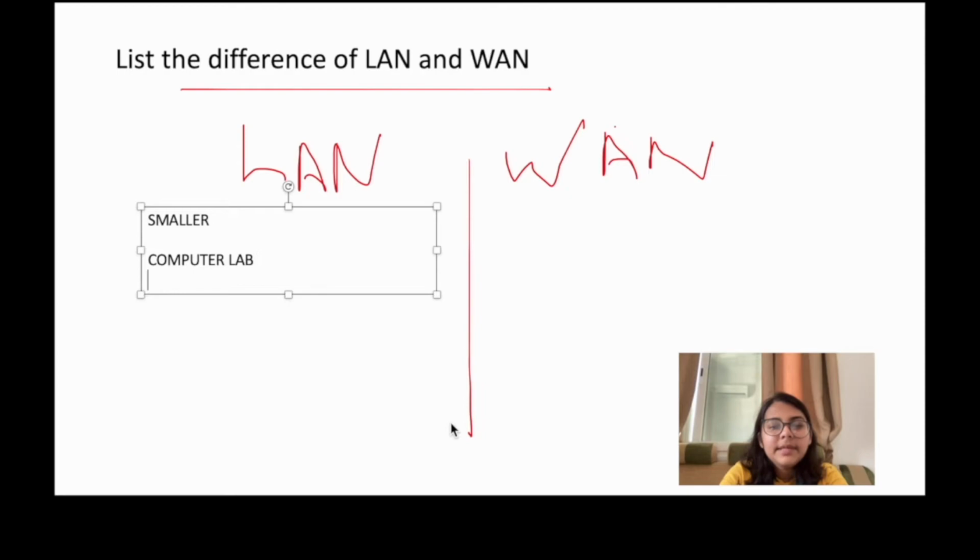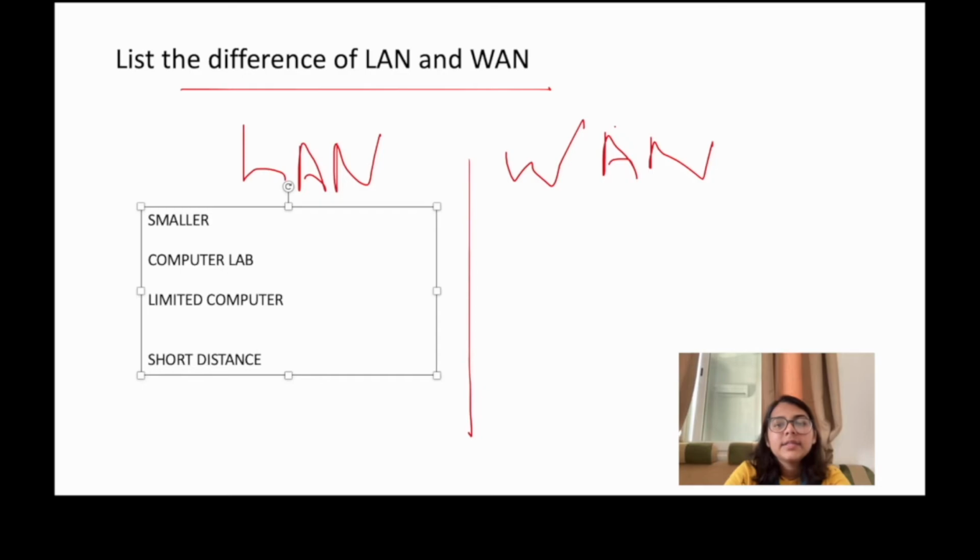What is the limitation of LAN, students? We can connect only limited computers, and we can't connect over a long distance, so it is only for short distance. These are the main characteristics of LAN.